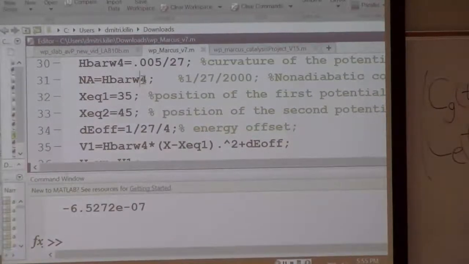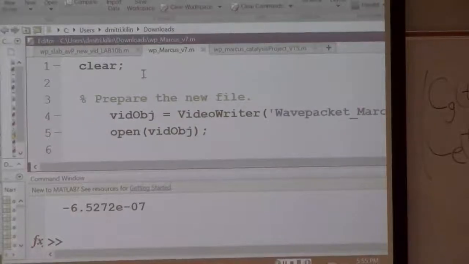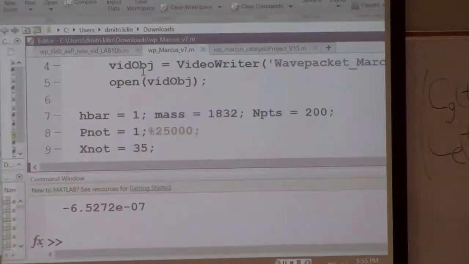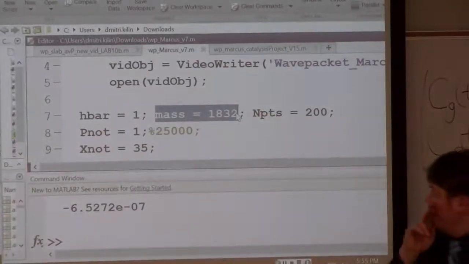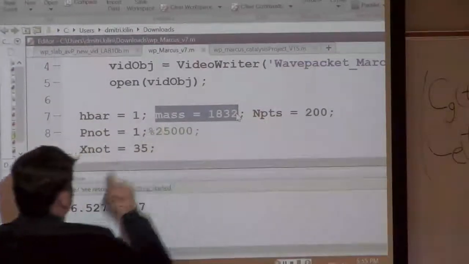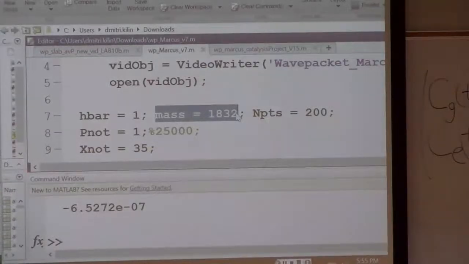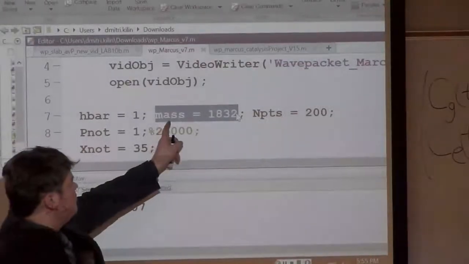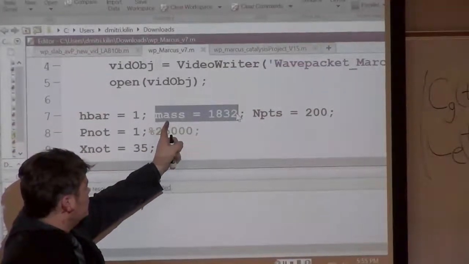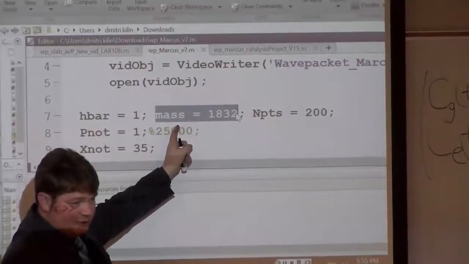Another aspect is something that we didn't do before. This is very rough, but correct by order of magnitude. So the literal data are not practically applicable, but before, mass was equal to 1 for the electron.